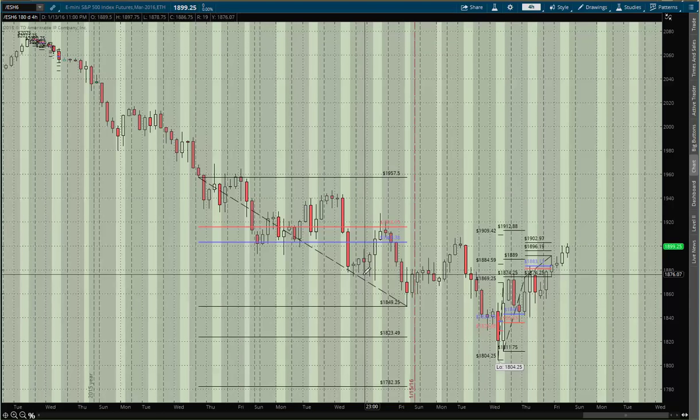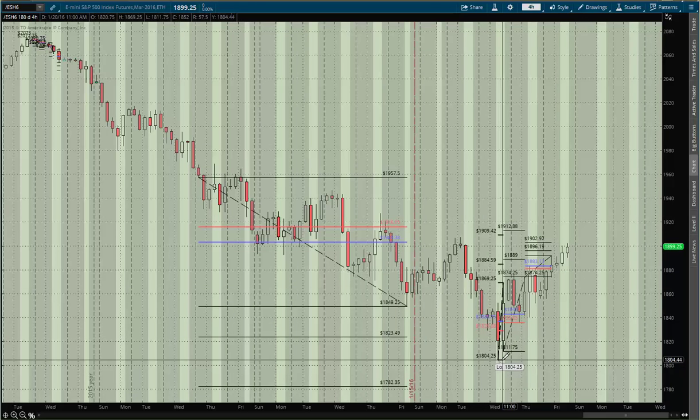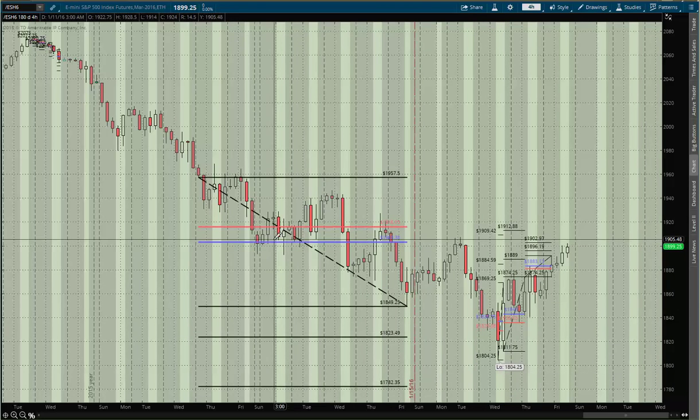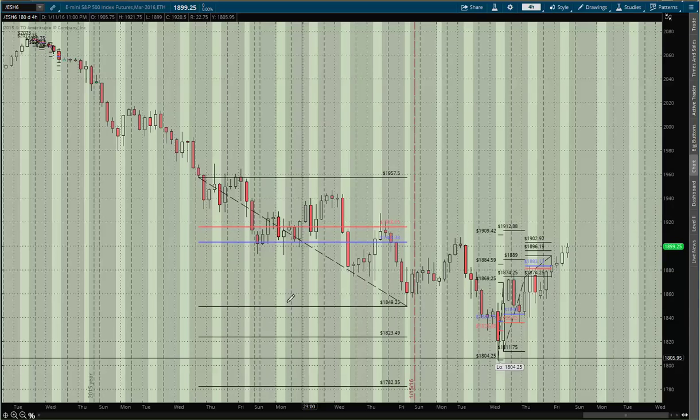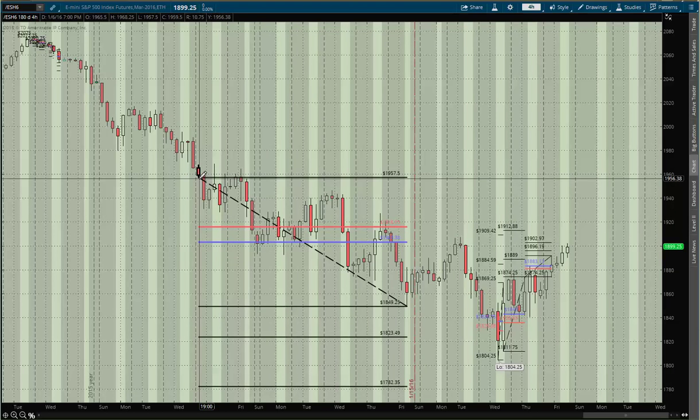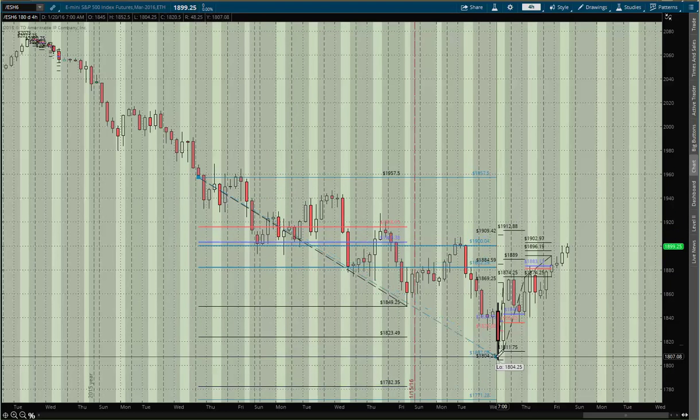So again, we traded back up into resistance, traded into the first, but not into the second target. Now, the general rule for drawing extensions is if you have not exceeded the second target, you use the same anchor to the new low.